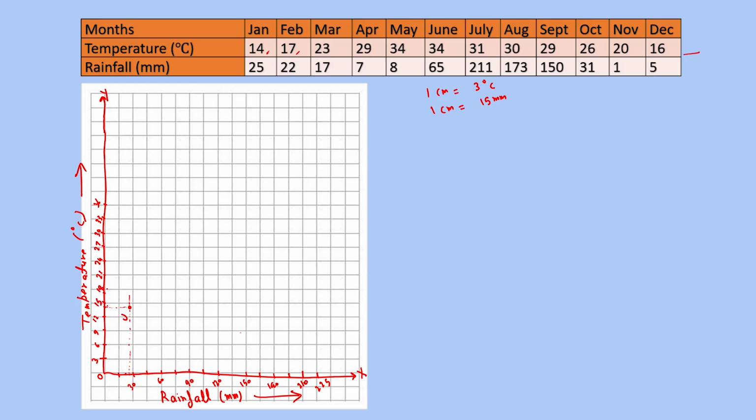So, we will draw a perpendicular. Where these two points meet, we will put a mark, and the same thing we will follow for the month of March. It may look like this.